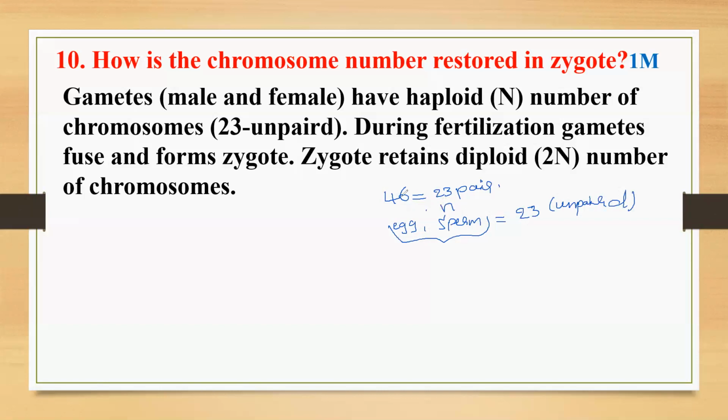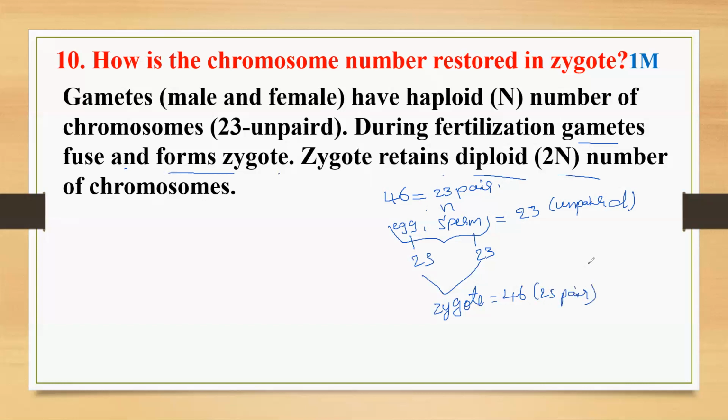Haploid number of chromosomes. During fertilization, gametes fuse and form the zygote. The zygote retains the diploid number of chromosomes: the egg cell with 23 chromosomes and the sperm cell with 23 chromosomes both fuse and form a zygote with 46 chromosomes, meaning 23 pairs.